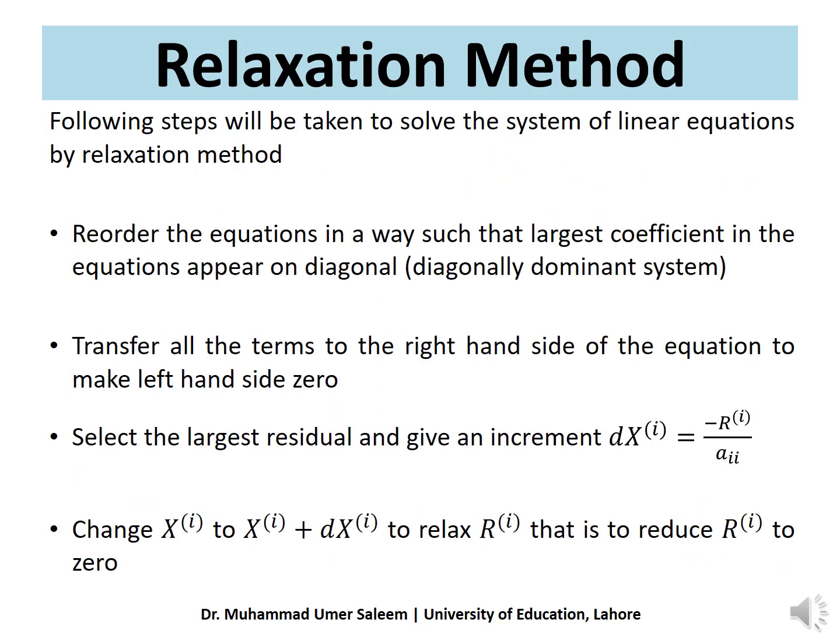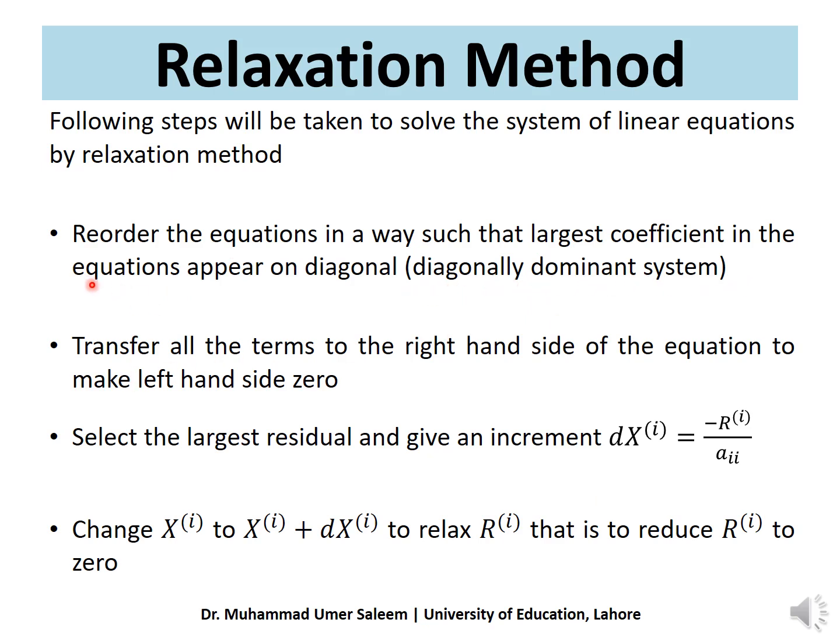We take the following steps to reduce this residual and solve the system of linear equations by the relaxation method. Initially, reorder the equations in such a way that the largest coefficient in each equation appears on the diagonal. Just recall, this is the definition of a diagonally dominant system.